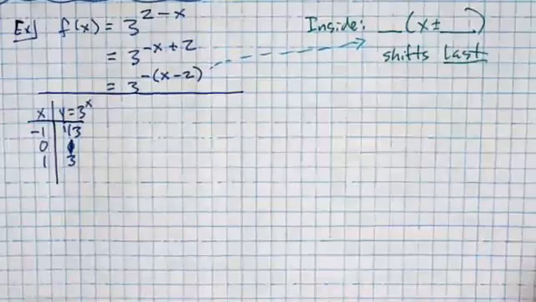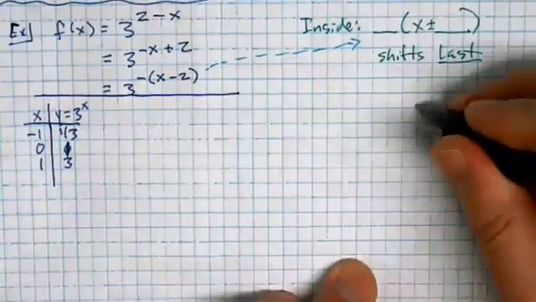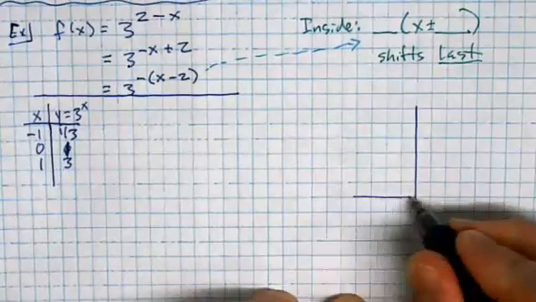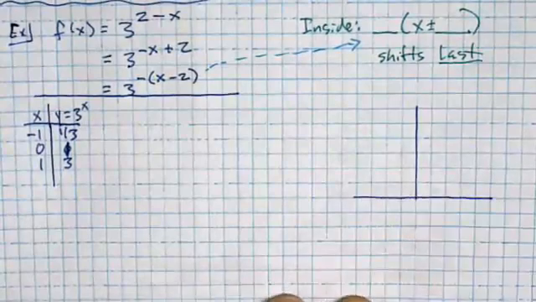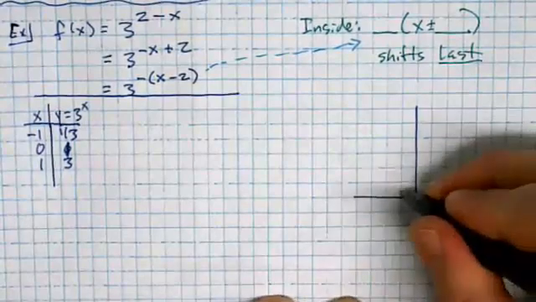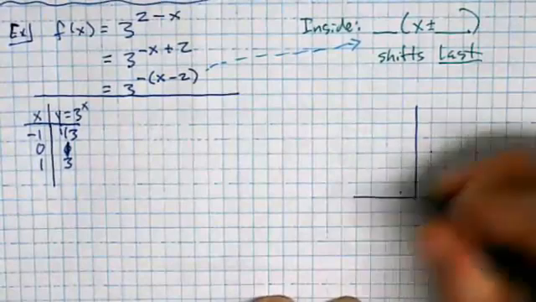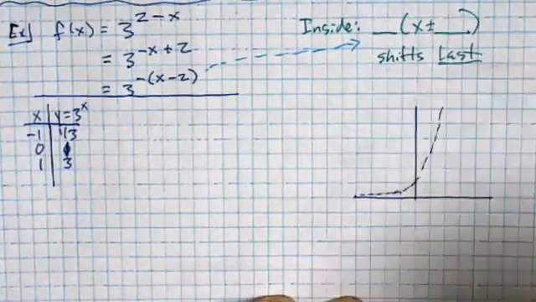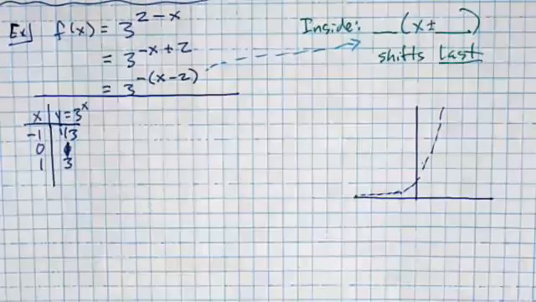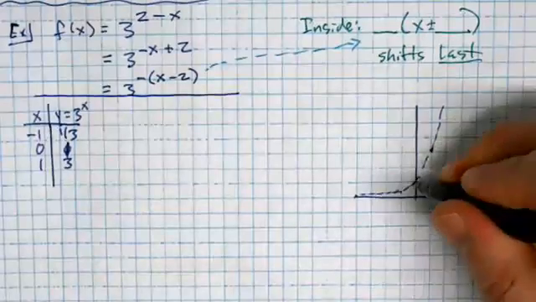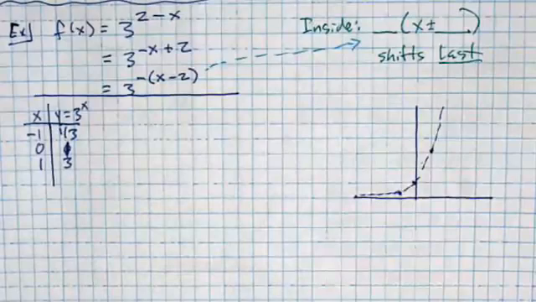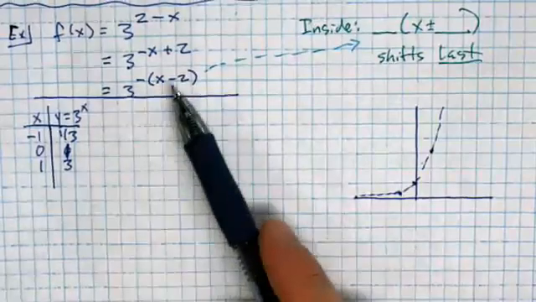I'll go ahead and graph this as we go off to the side here. I'll just do this in dashed. So that's my original function. Since we put it into this format, we have to save the shifts for last.